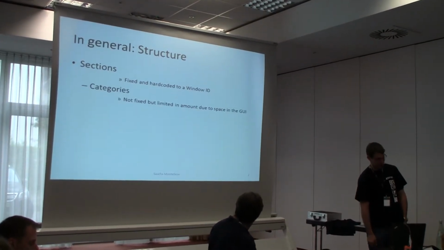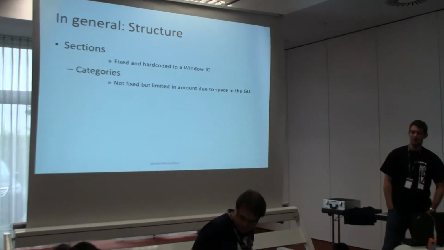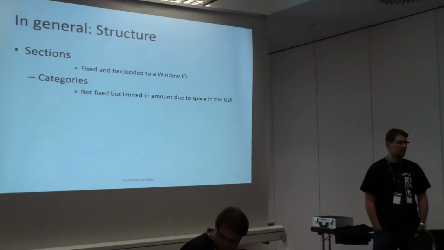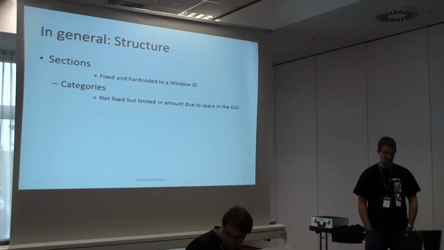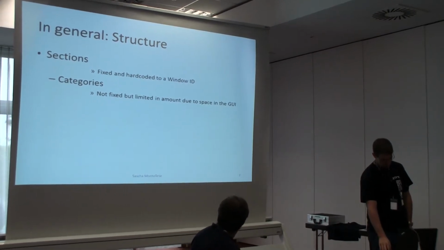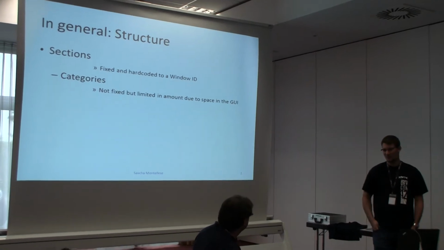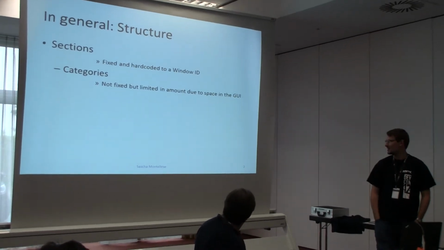Every section has different categories. That's the labels you have on the left side if you go into a section, like audio output, display, internet access, whatever. You can actually have as many as you want, but the space is kind of limited, so you can't have as many as you want.